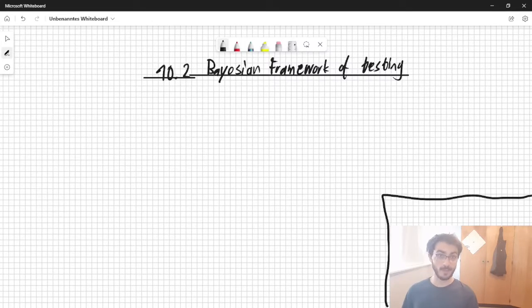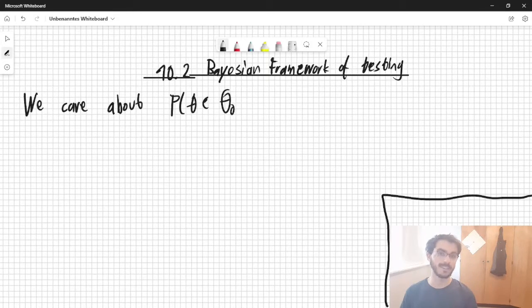In the Bayesian framework, we care about the probability that theta actually is in theta 0, so that H0 is true, given our data. And we've already learned how to deal with this.